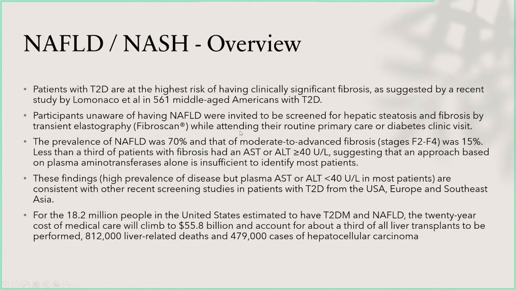So when you look at patients with diabetes, they have the highest risk of having clinically significant fibrosis. So in a recent study of 561 middle-aged Americans, they found people with diabetes had the highest risk of progression to fibrosis. So not just having fatty liver, but fibrosis.